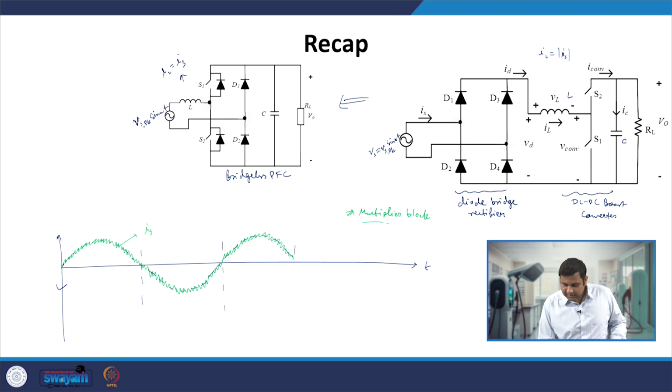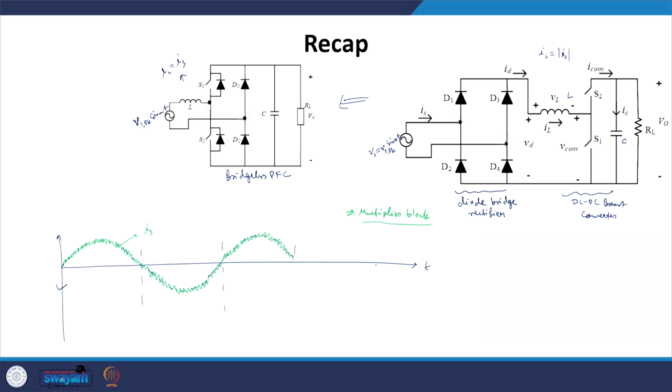In both cases, whether we implement the controller using analog components or otherwise, we require a multiplier block, and that multiplier block sometimes causes a huge computation burden, requires more memory to handle its result, and is also time consuming.